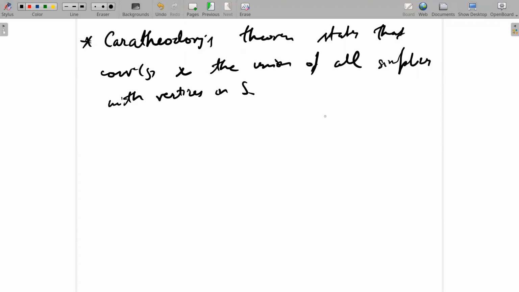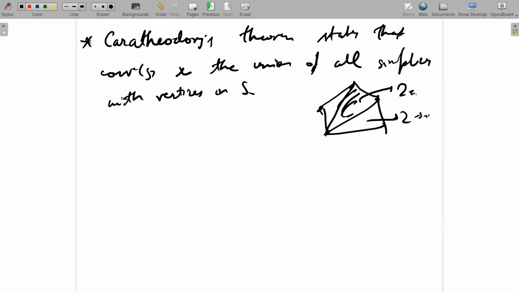For example, the pentagon. What are the simplices? You just take these points. This is a 2-simplex. This is a 2-simplex. This is a 2-simplex. So you just join them together, and what you're getting is a pentagon. So that is the convex hull of these 5 points.